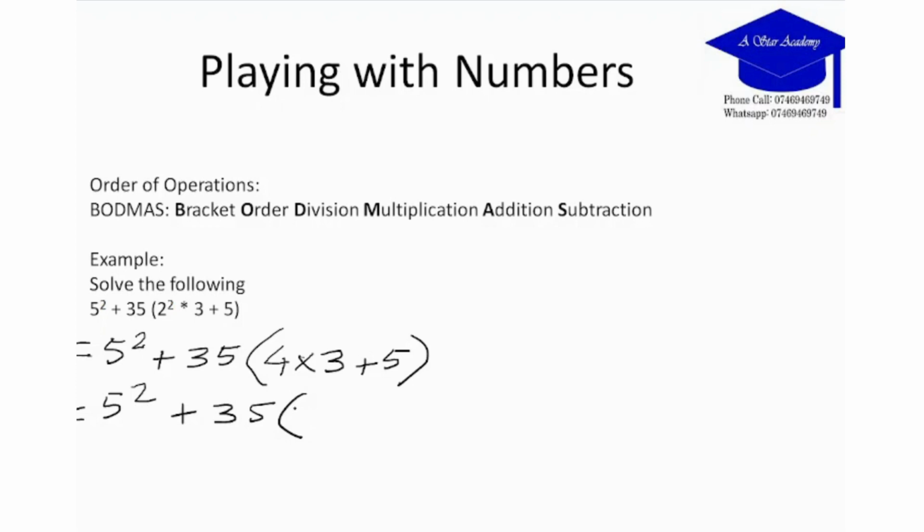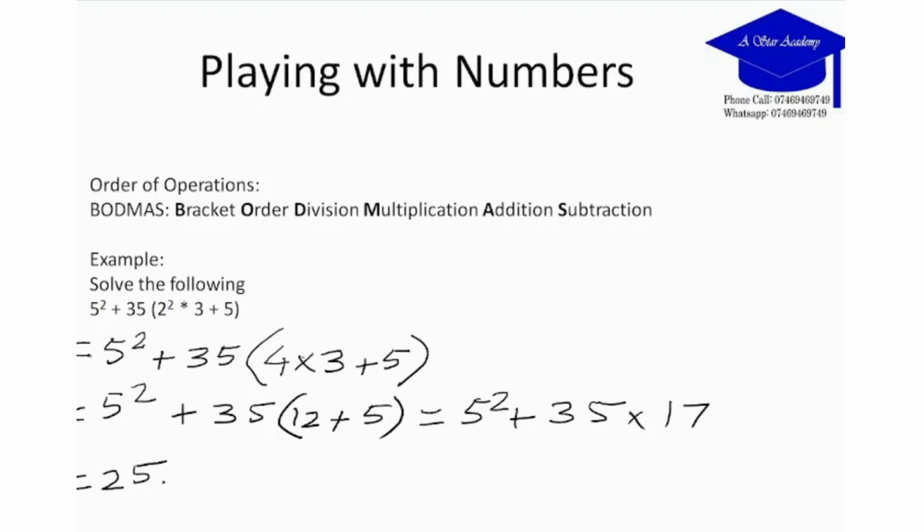So this becomes 5 square plus 35 into, first we will do multiplication and then addition, which means 4 into 3 is 12 plus 5, and this goes as 5 square plus 35 multiplied by 17. Now again we have to do the order first, which means 5 square is 25 plus 35 into 17.